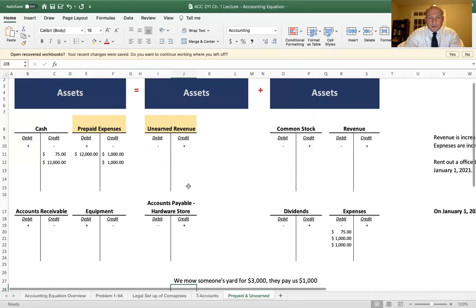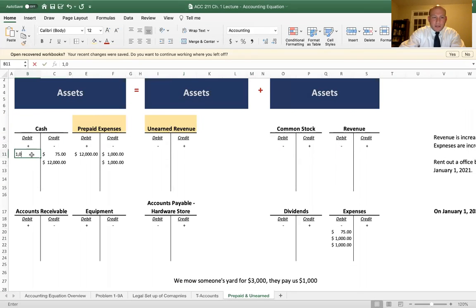We increase our cash by $1,000, increase our receivables by $2,000, and increase our revenue by $3,000 because we earned $3,000. We're recording that we got paid $1,000 and they will owe us $2,000 at a later date. We have to record the revenue when it's earned.